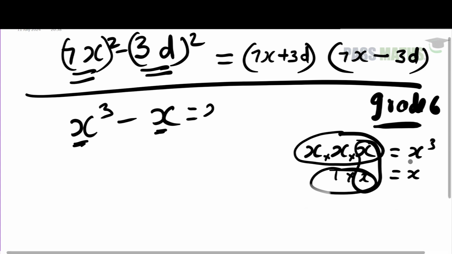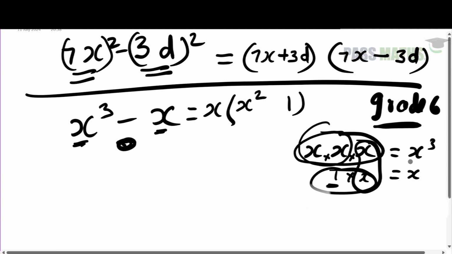So we write this x, bracket starts. And this is x squared here. That becomes x squared. What's left here is 1. What's the symbol between them two? Is minus. And then we can say this is the x, that's one term. Now this is x squared minus 1.